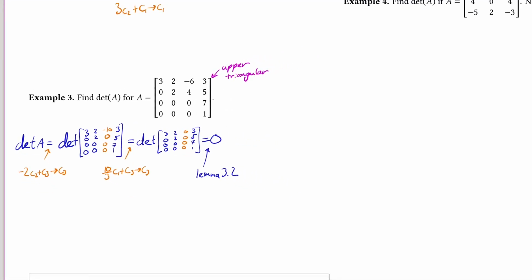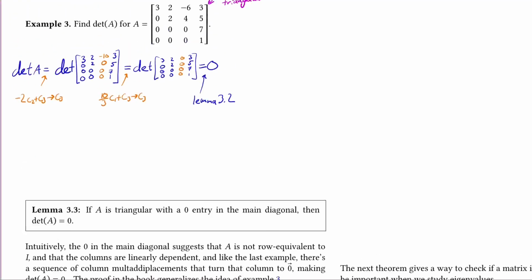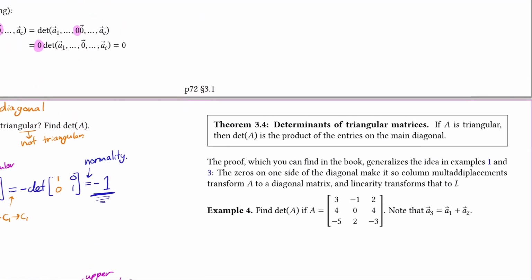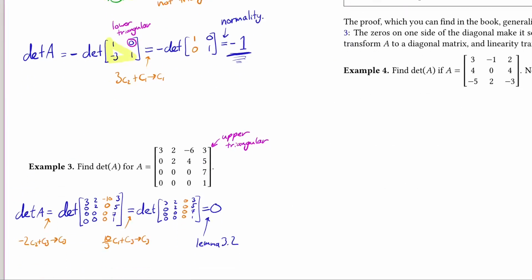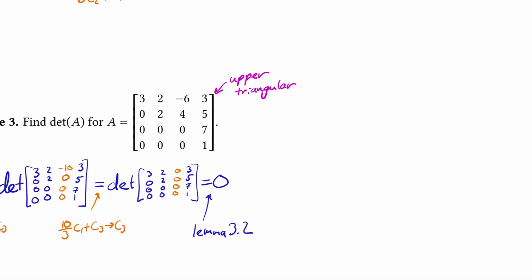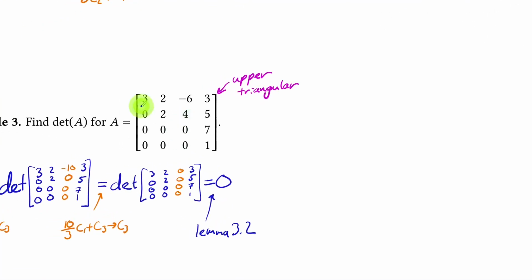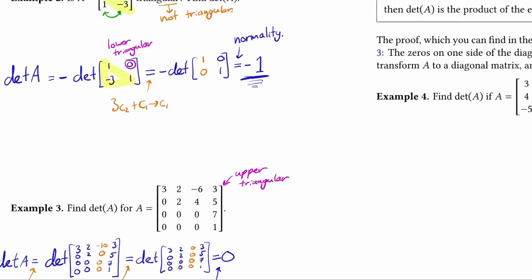And so the volume is 0. And we've also kind of justified theorem 3.4, that determinants of triangular matrices are the product of the entries on the main diagonal. We saw that with this one: if there's a 0 here and it's a triangular matrix, the product of the entries is 0, so that works.